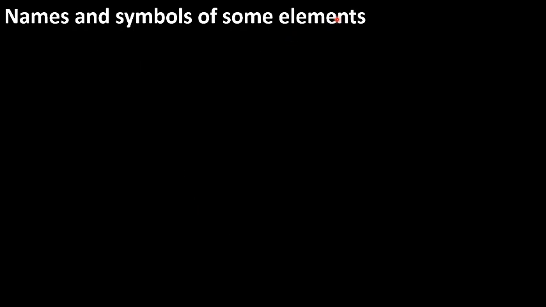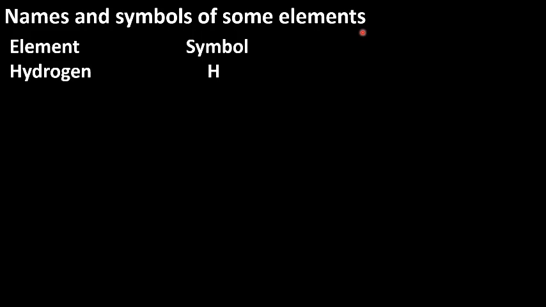Names and symbols of certain elements. So, as we studied, the symbol represents the name of the element and the symbol is the cut short representation of an element. So, we learn symbols of certain elements.